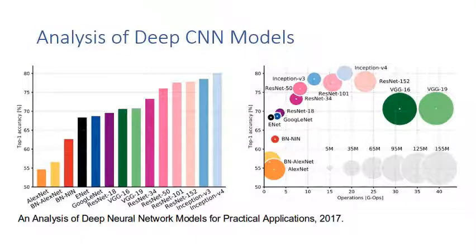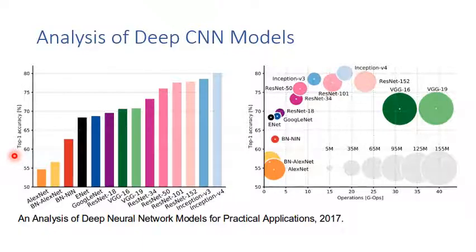Here are some figures that compare the performance of deep CNN models in 2017. The author chose to use the top 1 accuracy here, so this is not the top 5 error rate. In fact, the top 5 error rate is not suitable for real applications, because in practical applications we only look at the top 1 prediction.